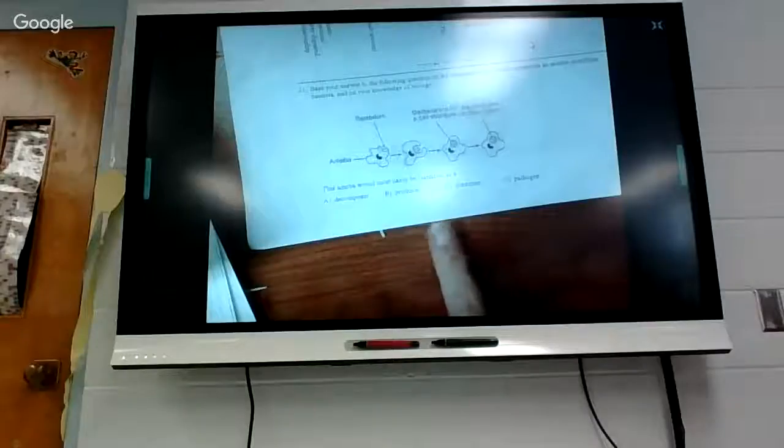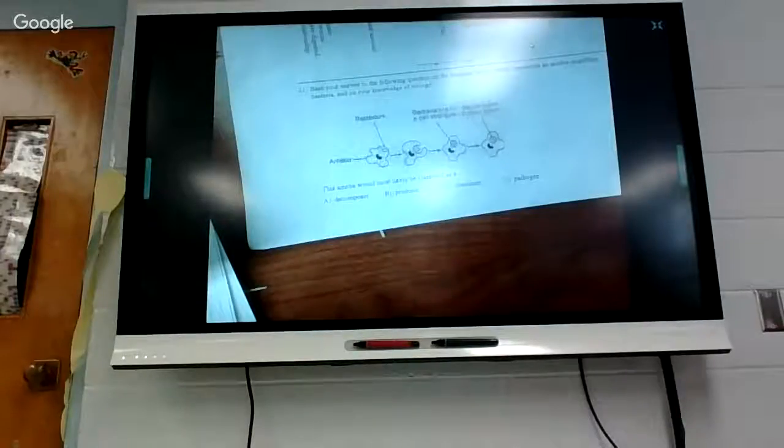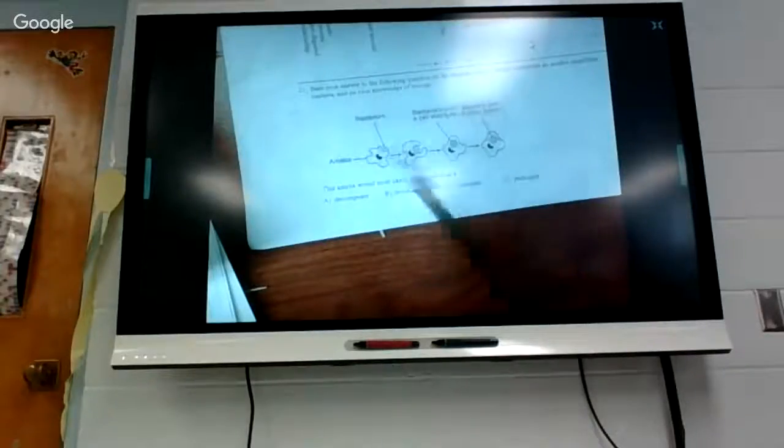All right, what's going on here? We got an amoeba, and it's doing something to the bacteria. It's eating it up. It's breaking it down. Decomposing. Yeah, it's a decomposer. Producer. Well, it's not really, it's just surrounding it and eating it.